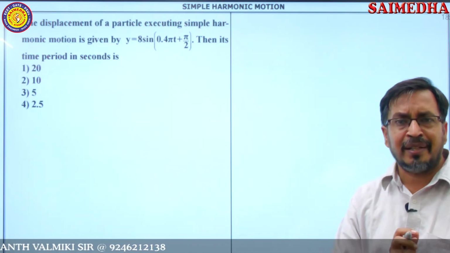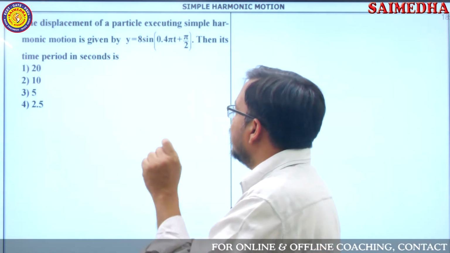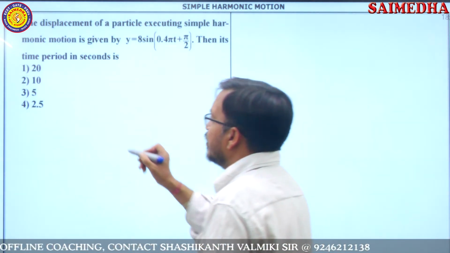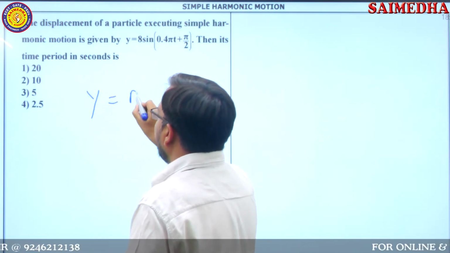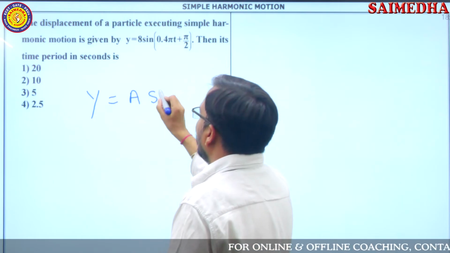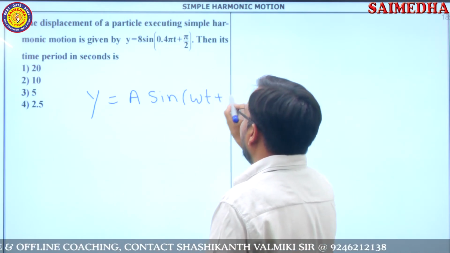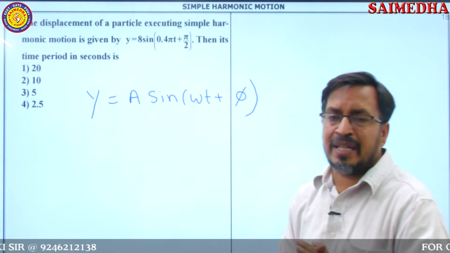So here you consider the standard displacement equation, that is y equals a sine of omega t plus phase difference phi. This is the displacement equation.